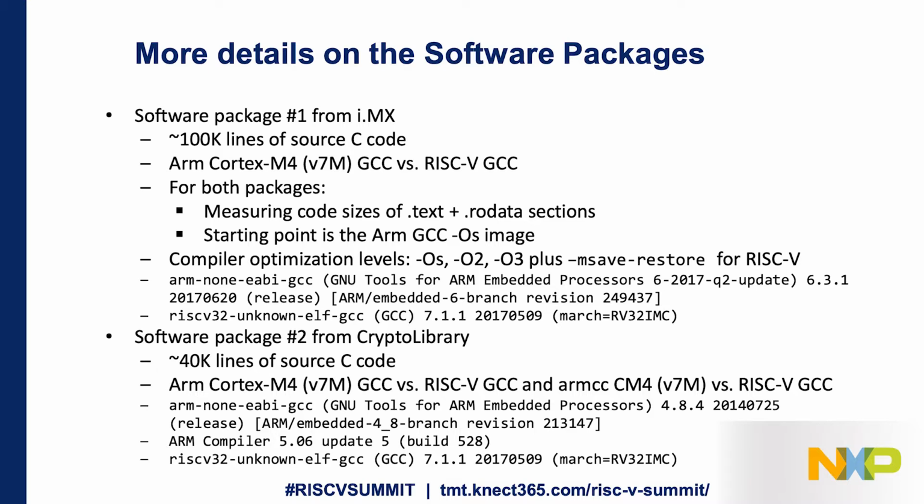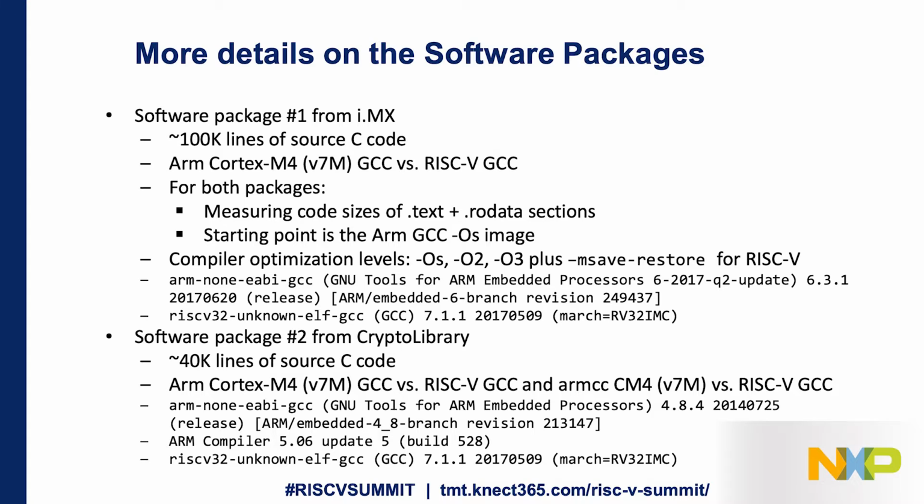We are also looking at various compiler optimizations, in particular Os, O2, and O3, and for the RISC-V targets, we are either including or excluding the msave-restore flag, which has to do with optimization of function prologue and epilogue. You can see the specific revisions of the compilers that we used on the chart.